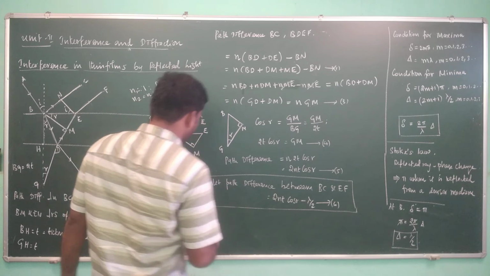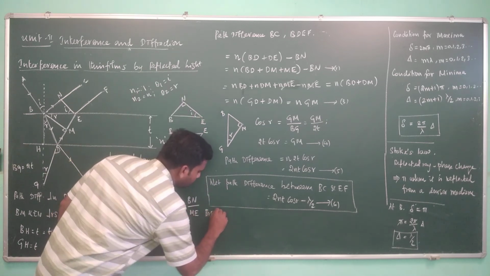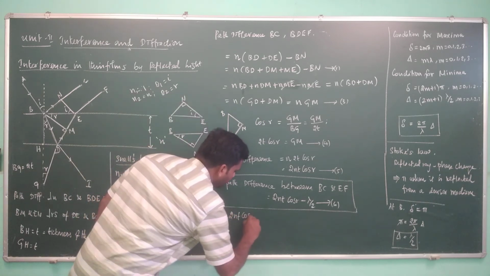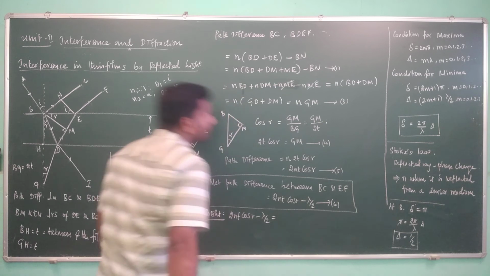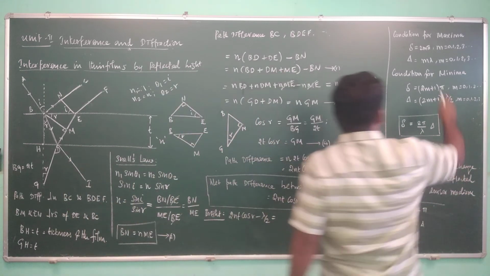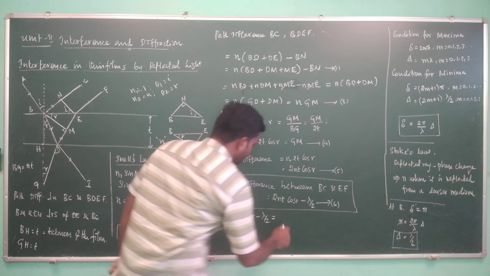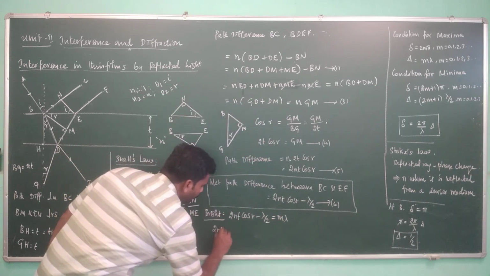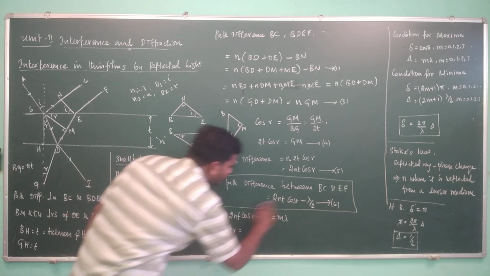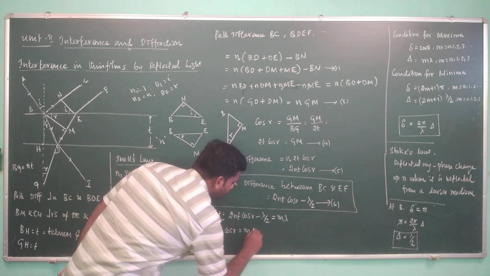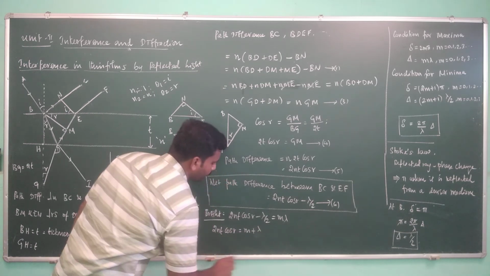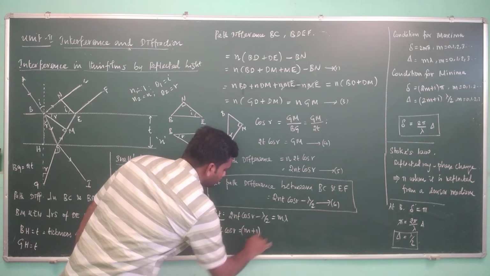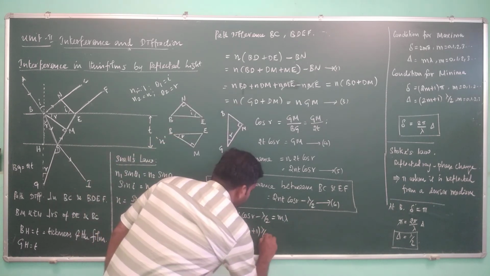If the film is to appear bright, then it should satisfy the condition that 2nt cos r minus lambda by 2 should be, for maxima, m lambda. In this case, if you bring this lambda by 2 to the right side, 2nt cos r is equal to (m plus 1) lambda by 2.